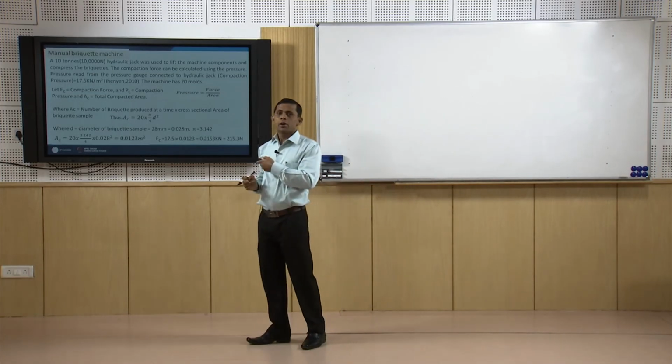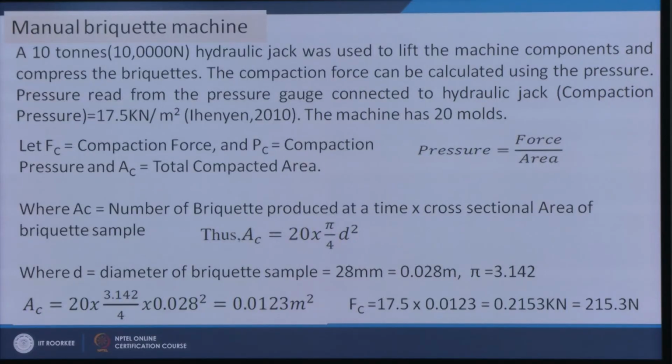Here, say a 10 ton hydraulic jack was used to lift the machine components and compress the briquettes. The compaction force can be calculated using the pressure. The pressure read from the pressure gauge connected to the hydraulic jack is 17.5 kilonewton per meter square. The machine has 20 moulds.